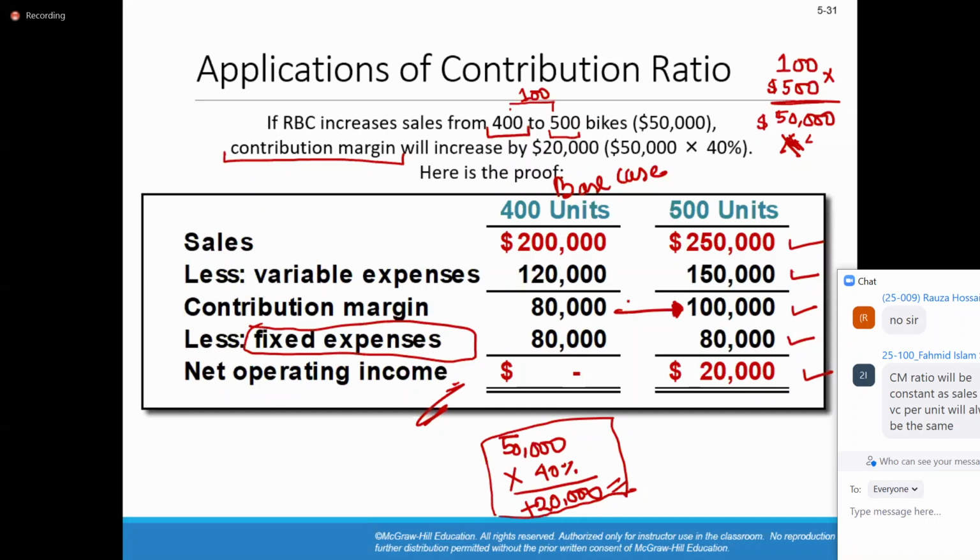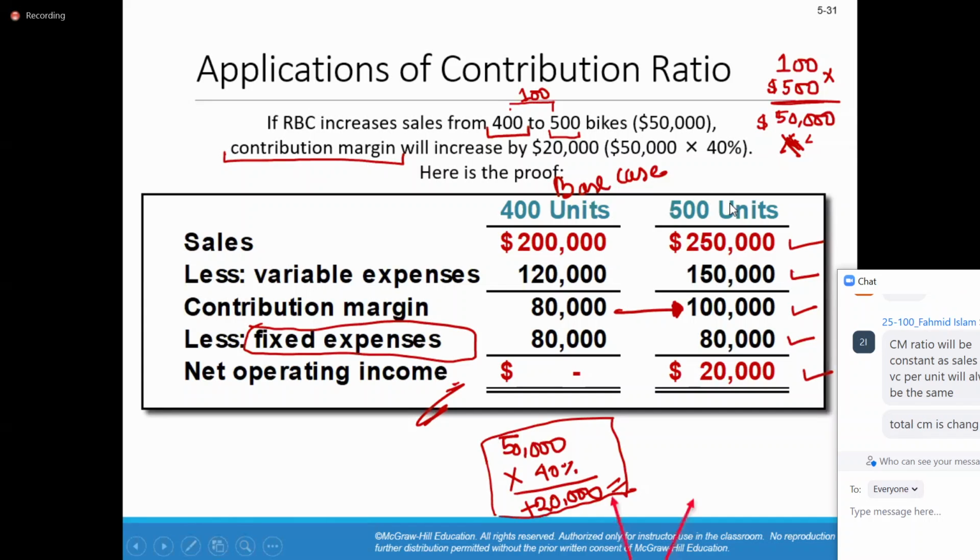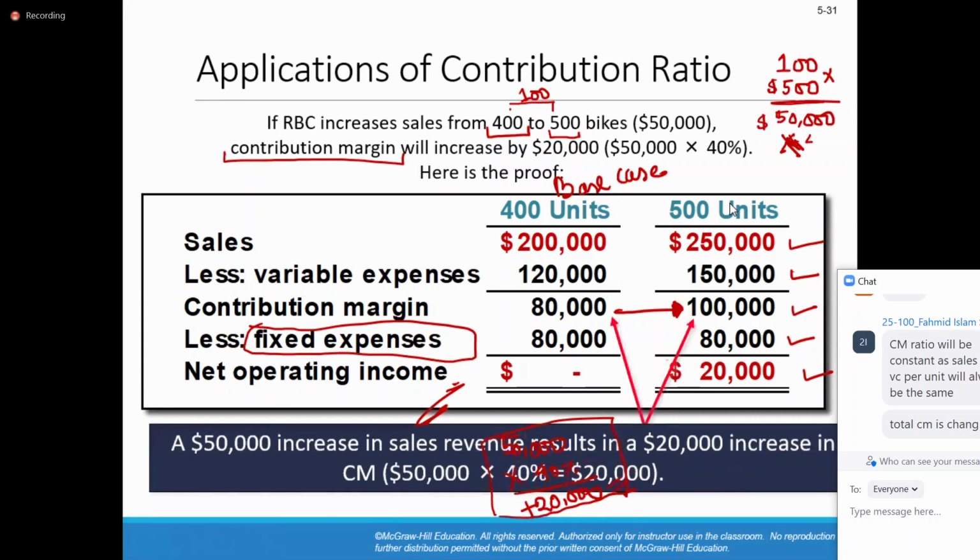But the contribution margin ratio here in this case is 40%, and in this case it is also 40%. Okay. Again, what we are seeing is that a 50,000 increase in sales revenue is causing the increase of net operating income by 20,000. So we have learned how the contribution margin ratio calculation can be useful for us. Okay.